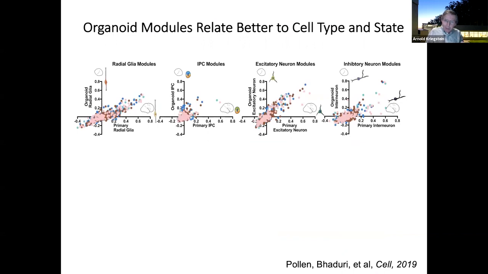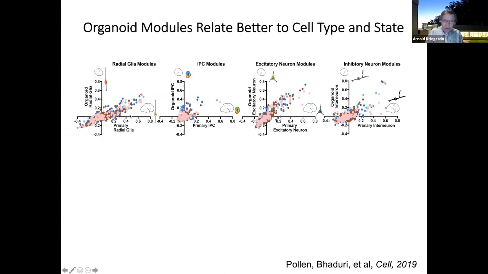So we looked at organoid modules and compared them to primary modules of individual gene types. And that gave us more insights into both similarities as well as differences between organoids and primary tissue. What I'm showing here are modules of gene expression that characterize these different cell types: radial glia, intermediate progenitors, excitatory neurons, and inhibitory neurons.